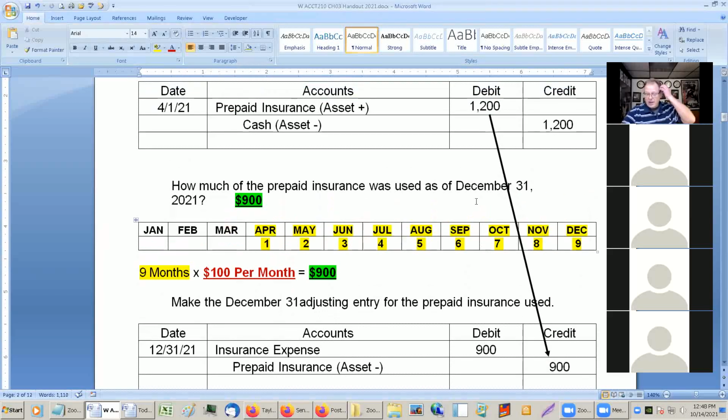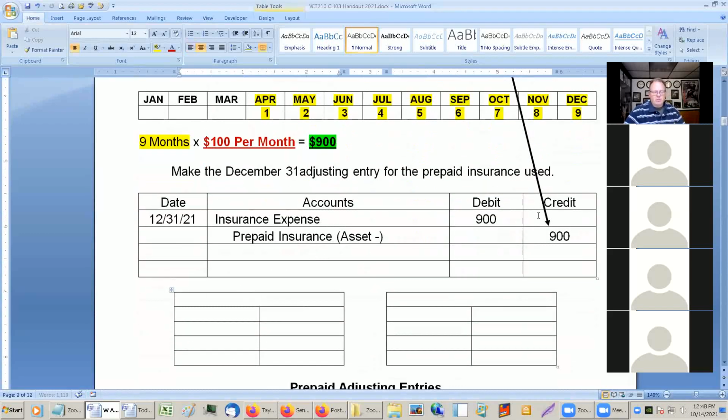So we're taking 900 out of that prepaid insurance account. We no longer have 900 of it. So here's a question for you. How much do we have left in the prepaid insurance? $300.